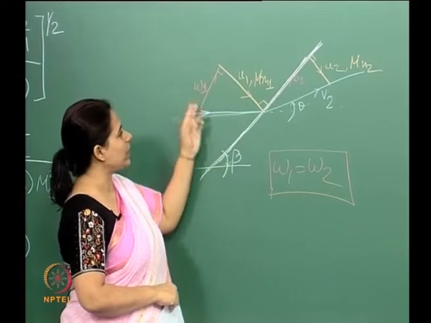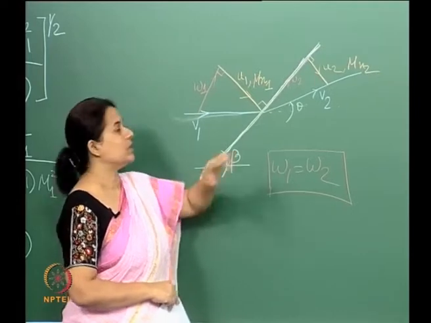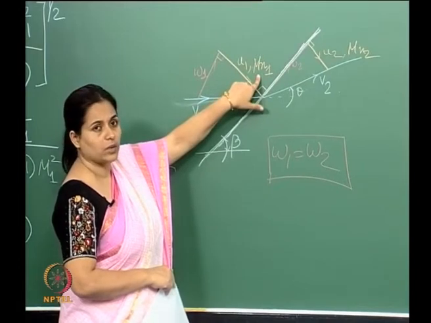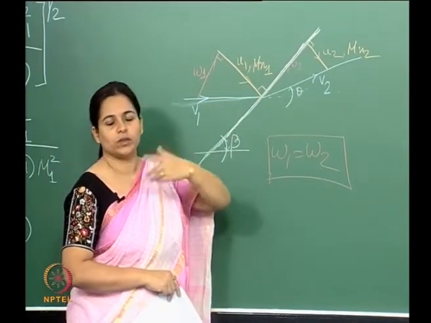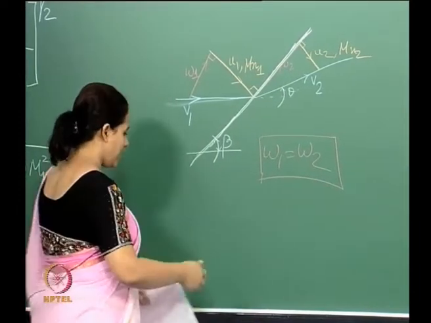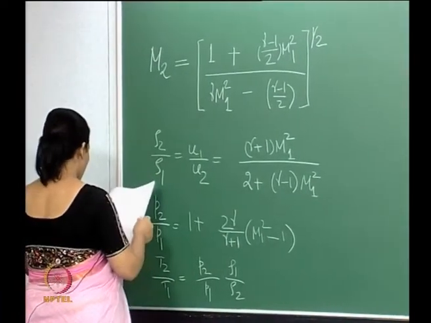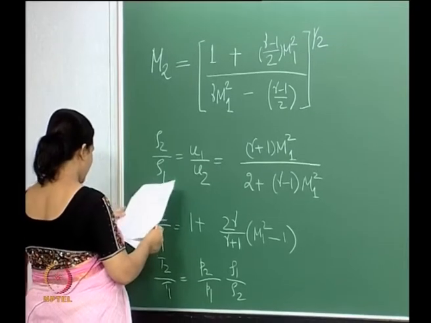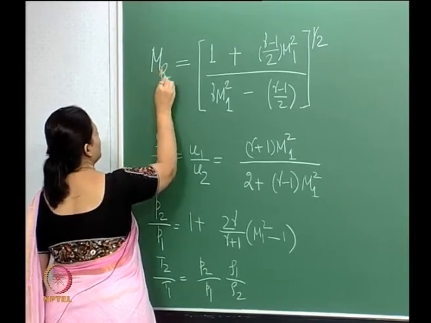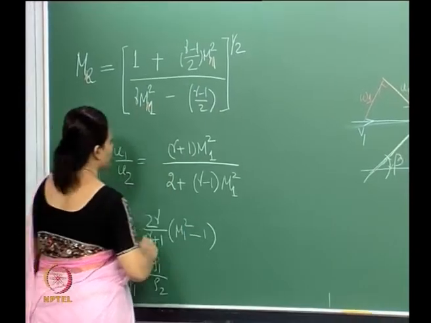So if I were to write the expressions for all the changes in the properties with respect to this Mach number, then we should be able to use all the normal shock properties or the tables. Okay, so let's do that. So let us just write out these expressions. Instead of this, if I write Mn here, that will do the trick.